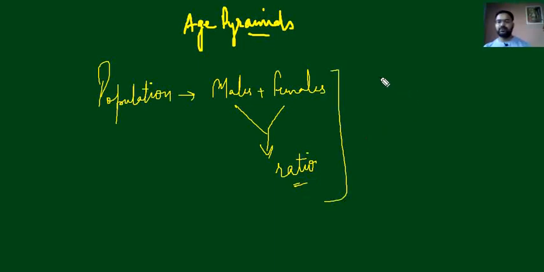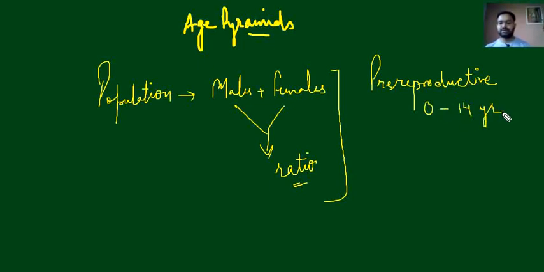Secondly, in a population there are basically three types of categories. One category is called pre-reproductive, which includes generally individuals from 0 to around 14 years.